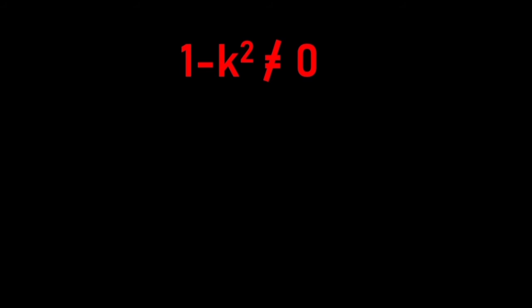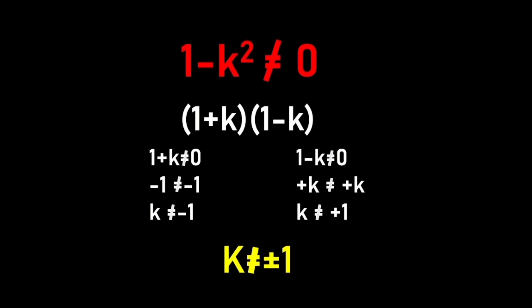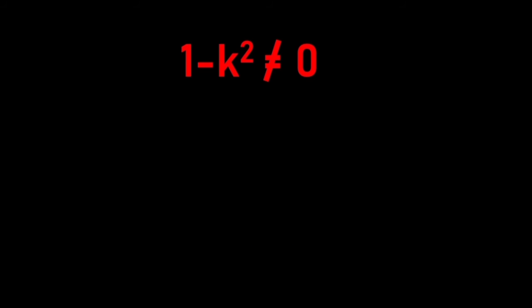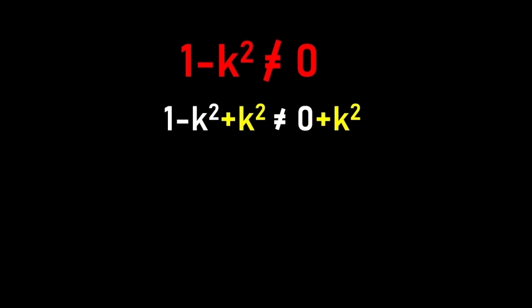To be more specific, we need to get the value of k. We can simply factor it out, or we can use that equation directly. So, 1 minus k squared is not equal to 0. Using the additive inverse of positive k squared, we get k squared is not equal to 1.